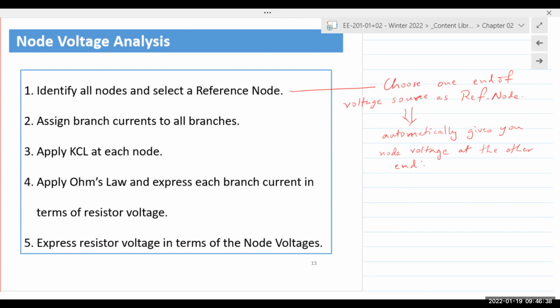If you take the negative end of the source as your reference, then the other end of the source is the value of Vs, or whatever the source voltage is.